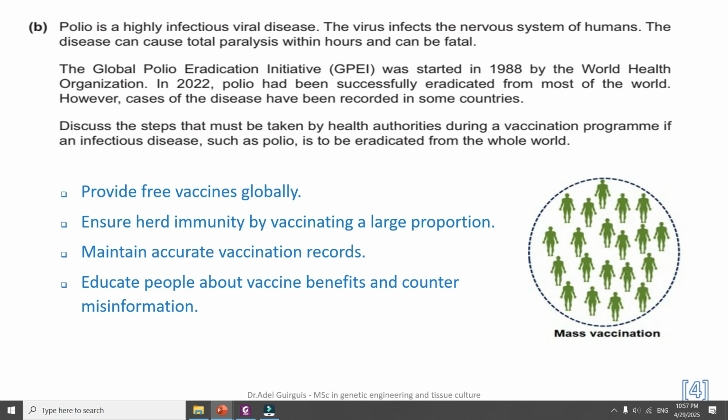Misleading information through social media, for example, relates autism to certain types of vaccines. This makes some parents avoid vaccinating their children, fearing autism, for example. This misinformation is not true, not scientific. There is no relation between autism and vaccination programs or vaccines in general.